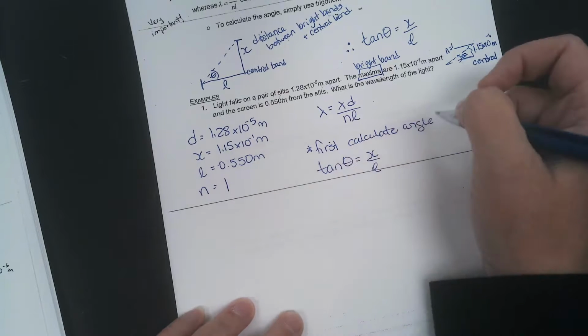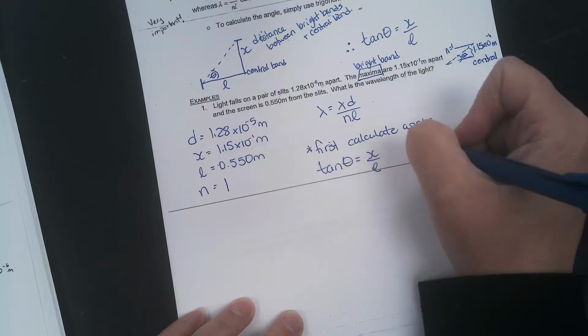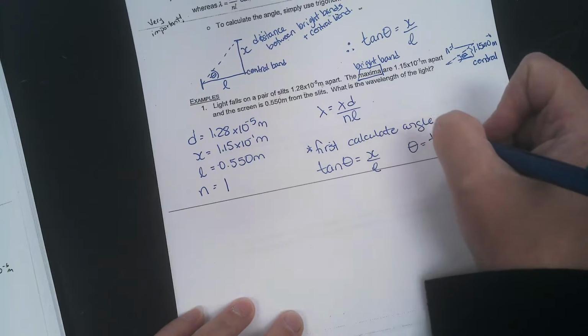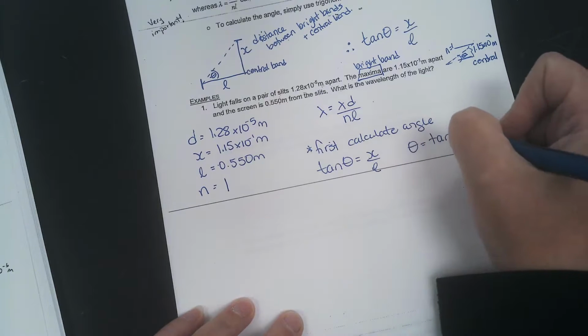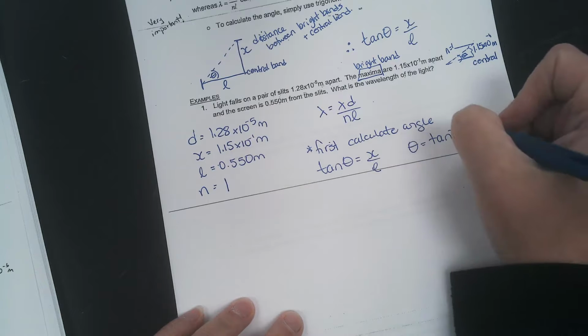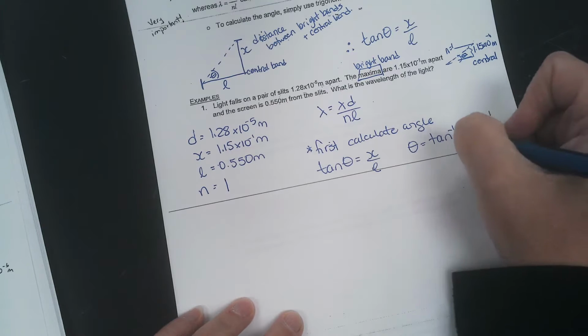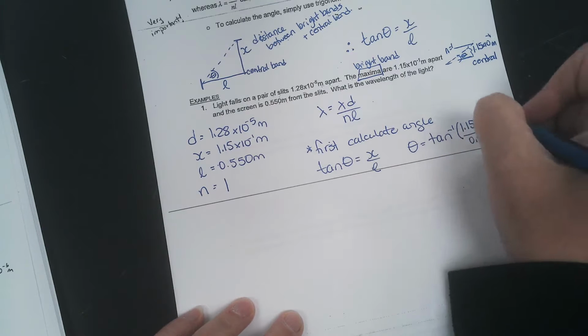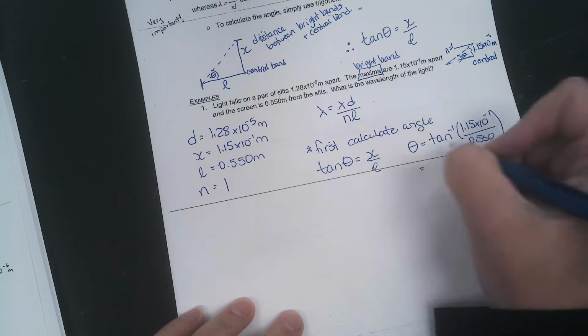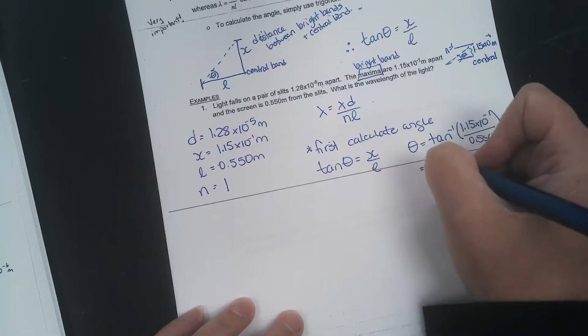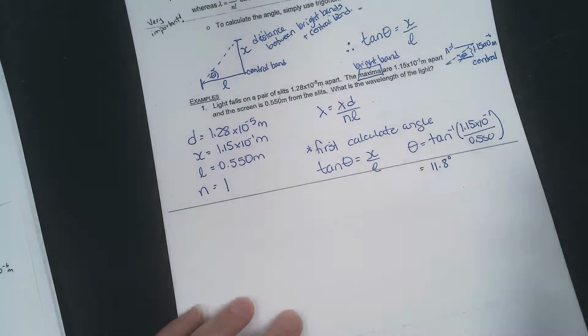So we can say that theta is going to be equal to tan inverse of 1.15 times 10 to the negative 1 over 0.550. And when we punch that into our calculator, we see that we get 11.8 degrees.